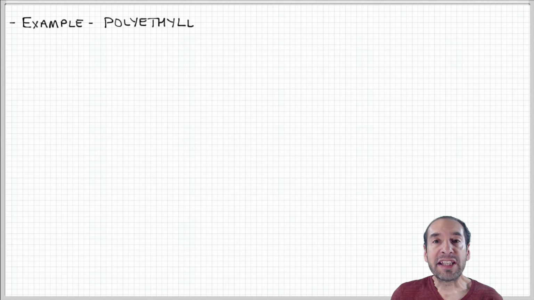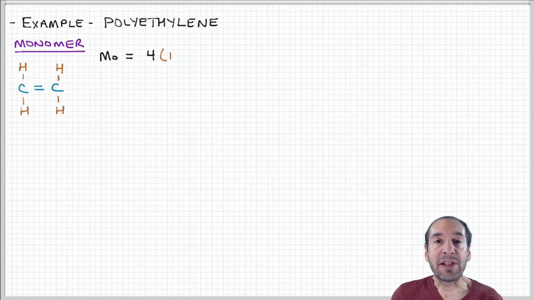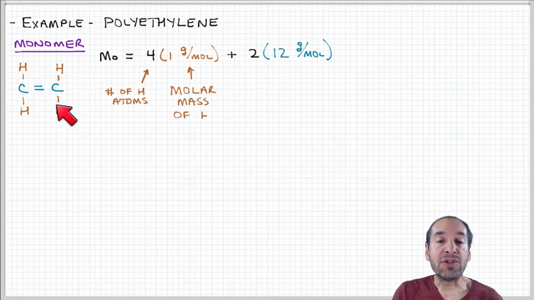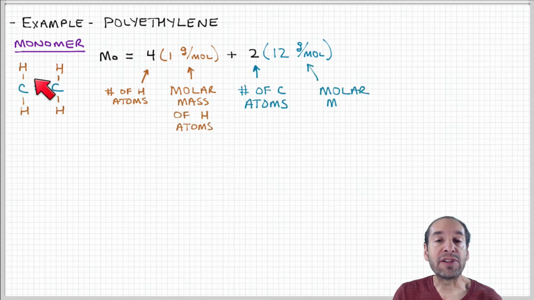Okay, so let's look at an example to give us an idea of what we mean by molecular weight. And we can talk about a simple polymer, polyethylene, which has a monomer unit that has 2 carbons and 2 hydrogen groups on each of the carbons. So 2 carbons and 4 hydrogens. So the molecular weight of this monomer we can get by adding up the grams per mole, the molar mass, of each of these constituents.